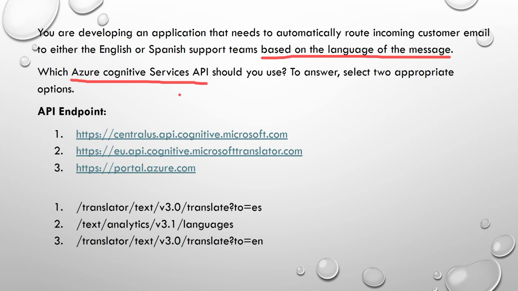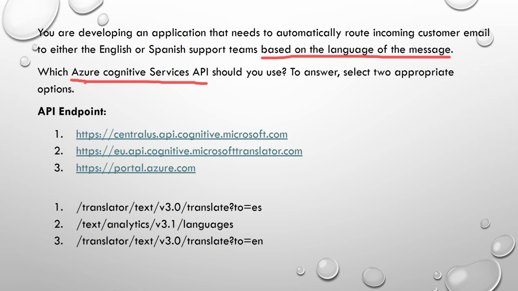So which API endpoint should we use to fulfill the requirement? The very first option is centralus.api.cognitive.microsoft.com. Next is eu.api.cognitive.microsofttranslator.com. So do we need a translator service? No, we don't need a translator service because our need is just to detect the language of the message. We don't need to translate it to another language.